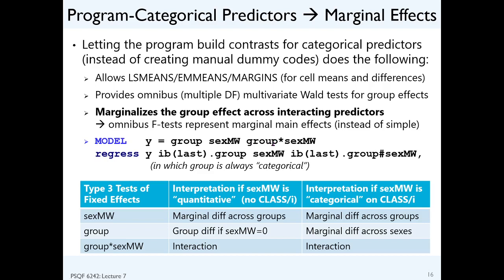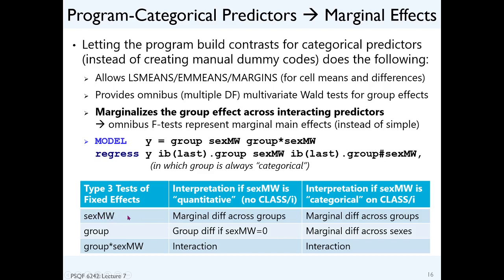And the question is, what happens if I also tell it that gender is categorical, because technically it is, it's 0 and 1, or if I treat it as a quantitative variable, which I'm also allowed to do because it's a 1 unit difference that takes me from the 0 group to the 1 group. So in testing the main effect of sex that's going to show up on my output and what's known as the type 3 tests, I'm doing air quotes as if you can see me, that's what would be given from the contrast statement.